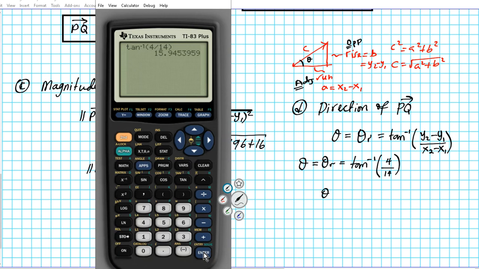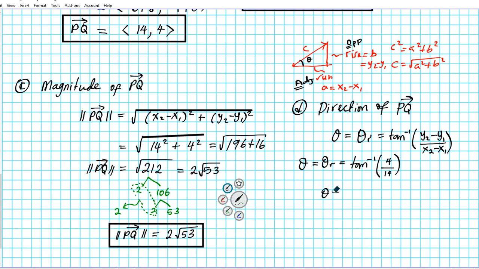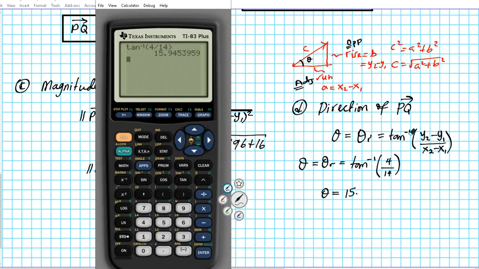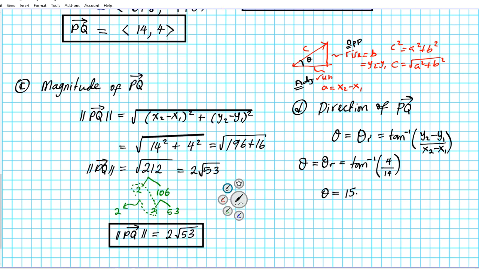And our answer is 15.9454. Okay, so this is our direction, which is also the same thing as reference angle, 15.9454 degrees. All right, so there goes the direction right there.